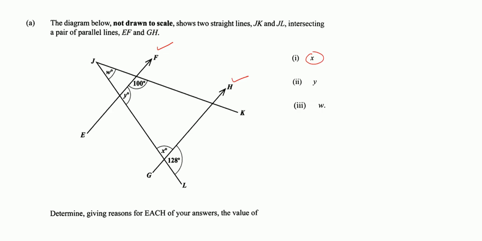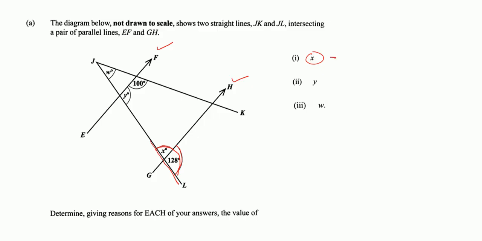Okay, so we know that JL is a straight line, and we have this angle here, which is 128, and we want to find x. Now, this here is a straight line, so therefore this entire angle here is 180 degrees.